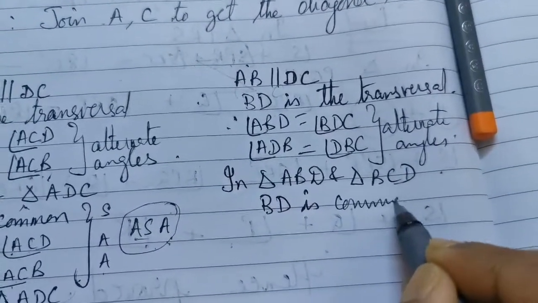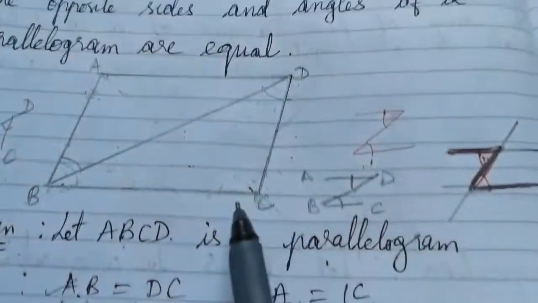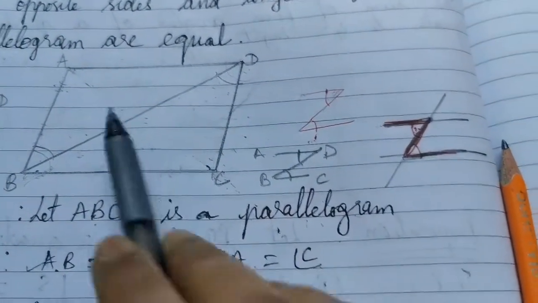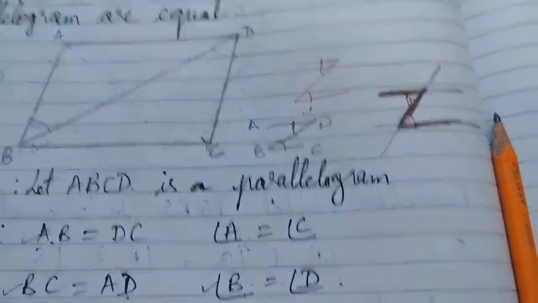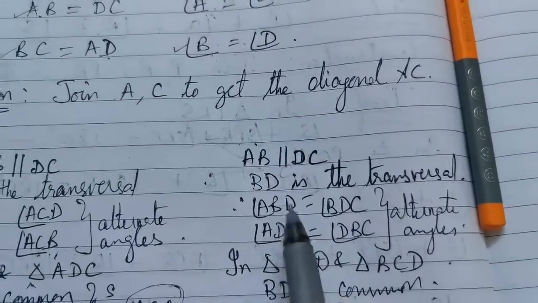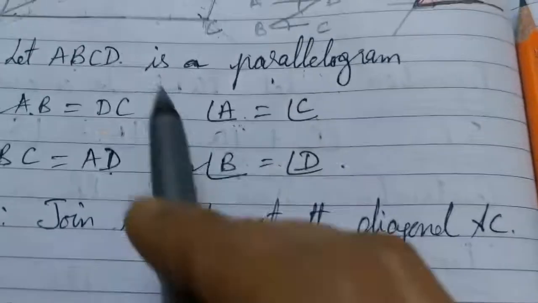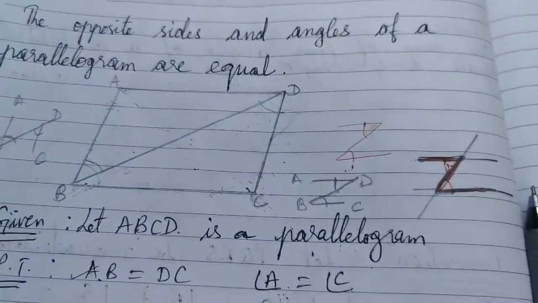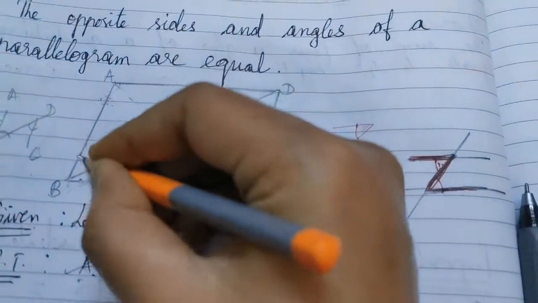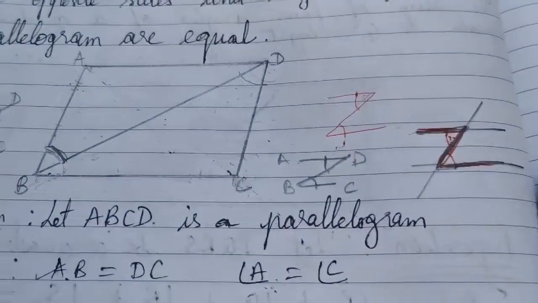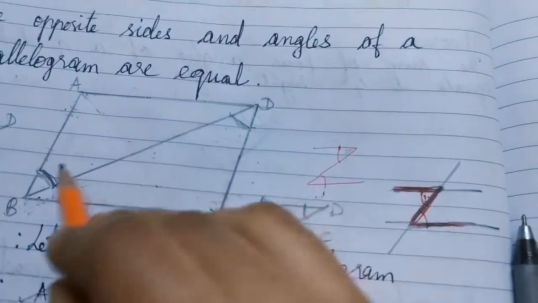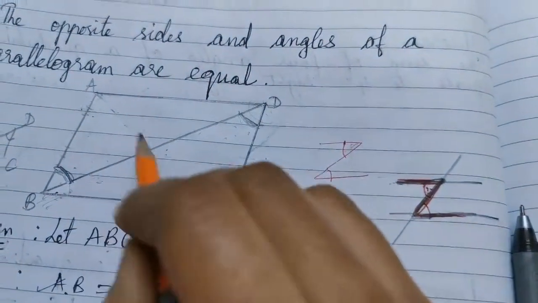Next, what are the other two things which are the same, so that I can prove these two triangles are congruent? Now I have these two angles. Angle ABD is here and angle BDC is here. So these two angles are the same in these two triangles.